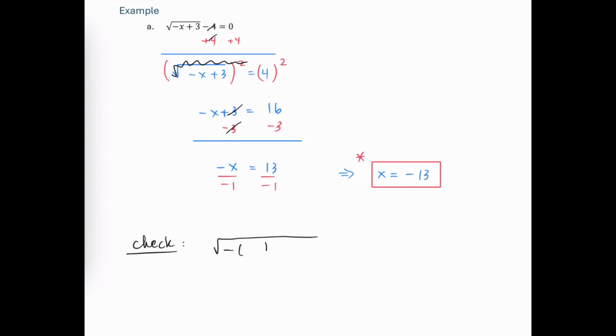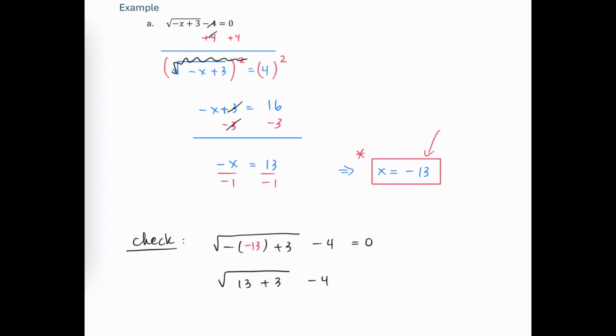We'll open up the whole for x plus 3, and then we have minus 4 is equal to 0. And we'll plug our solution, negative 13, in for that x. So we get positive 13 plus 3 minus 4 is equal to 0. Positive 13 plus 3 is, of course, 16, which is 4 minus 4 is equal to 0, so our solution does work. Now let's look at another example.